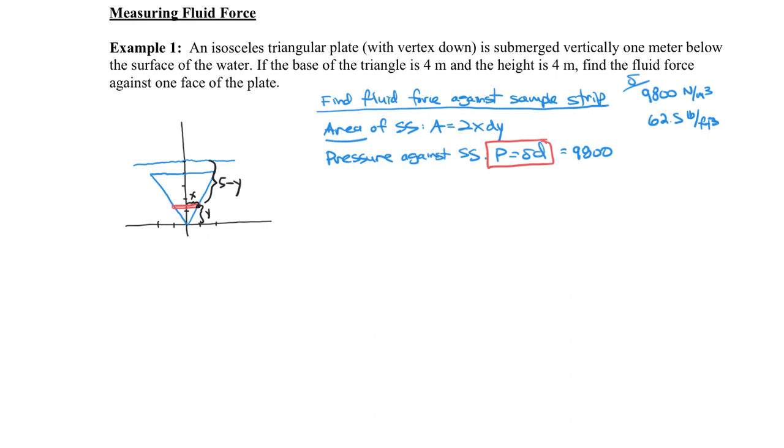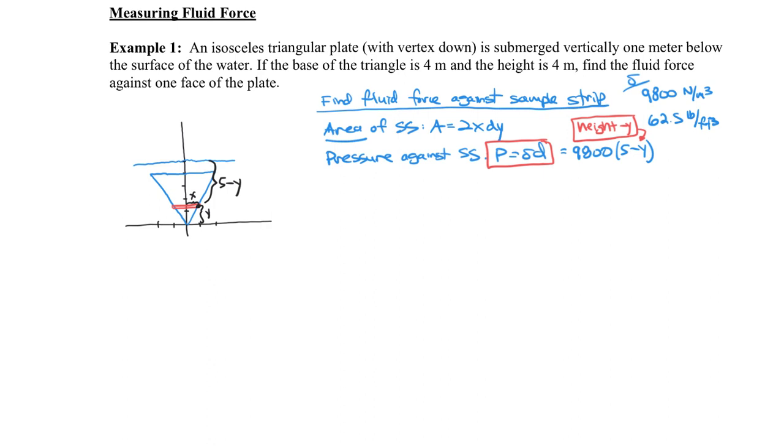So the depth here is going to be 5 minus y. But I'm going to tell you something that will always be true here. When you're working on these problems, the depth is always going to be the height of the water minus y. You can always use height minus y for the depth.